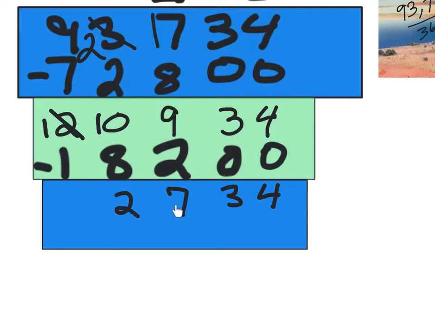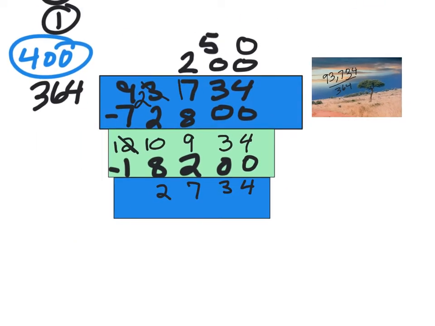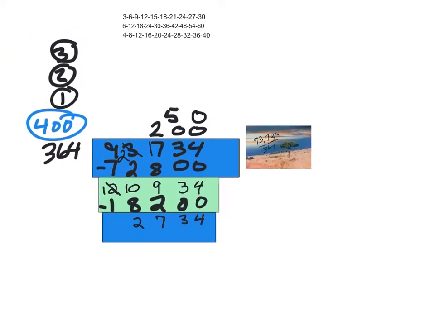So now I'm working with 2,734. So let's look here, and you can clearly see that 364 will not fit into 273. So I am working with the whole number. I'm in the ones column now, 2,734. So let's go ahead and use our 4s once again.